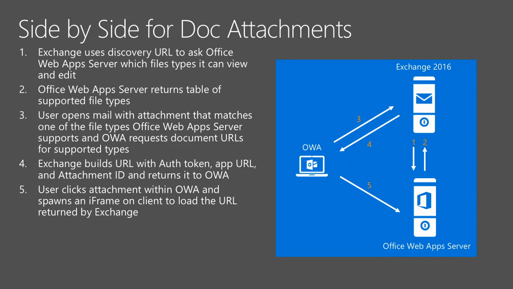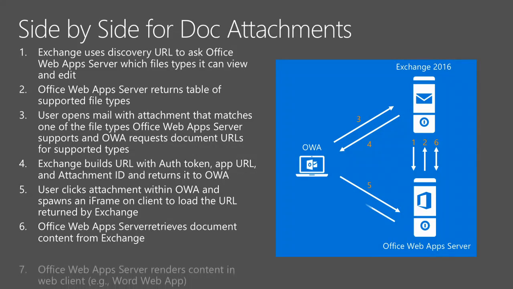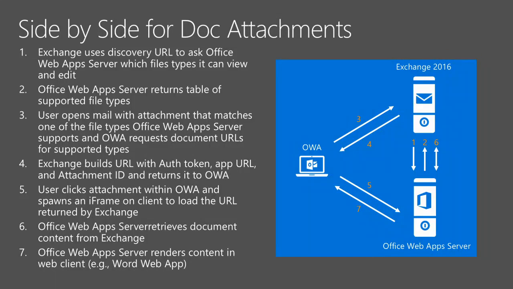And when we iframe that, there is a token inside the URL that says, hey, I have credentials for this document in Exchange, and that is what the Office Web App Server uses to authorize the transfer of the document from the Exchange store into the Office Web App Server so that it can render inside of the OWA experience.